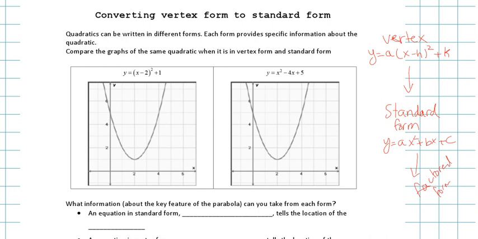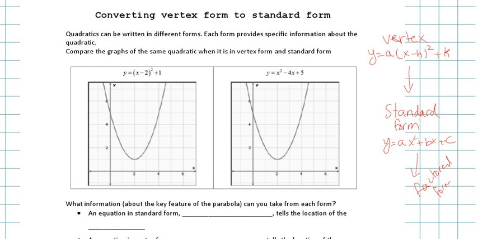Now, I want you to look at these two graphs. What can you tell me about these two graphs, just by looking at them? They're the same? Yes. Okay. How about the equation that represents each graph? Different. They're different. What's the difference between them? So the first one, what form is it written in?